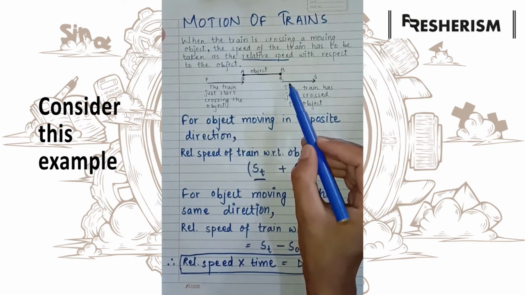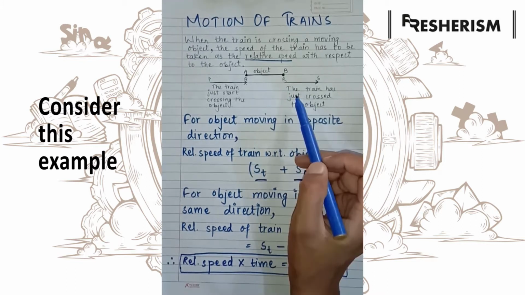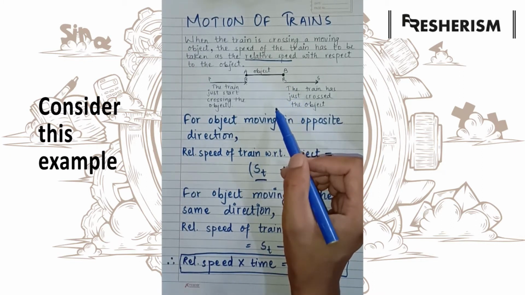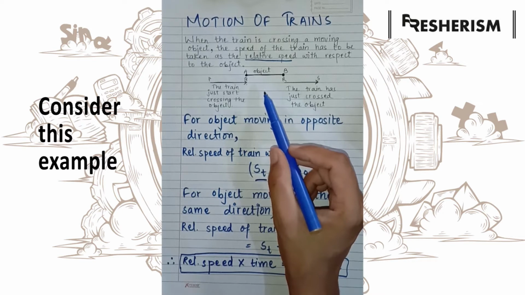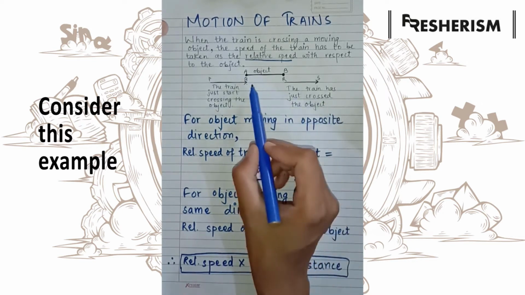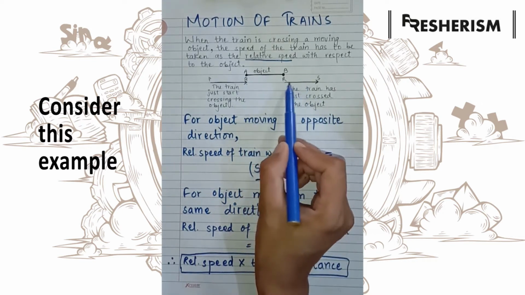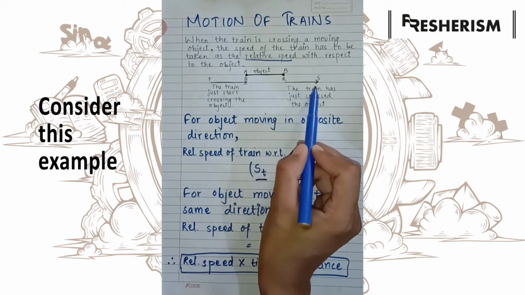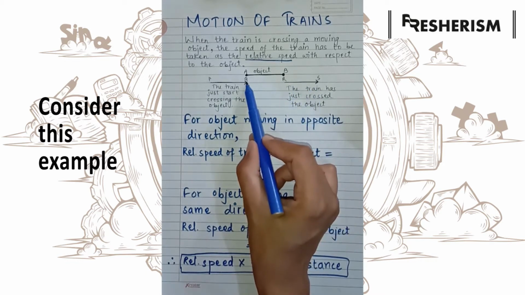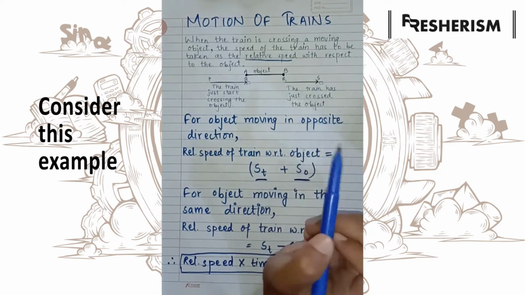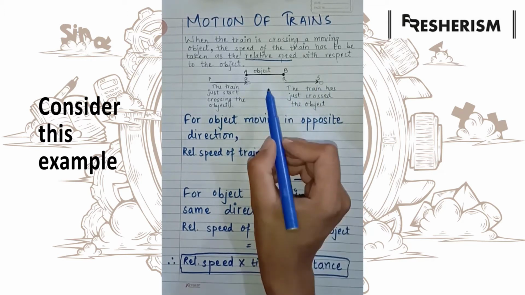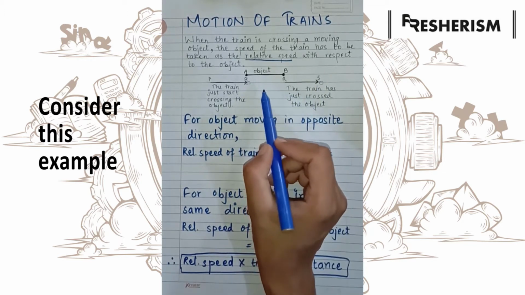And when the train has just crossed the object, what is the distance traveled while crossing the object? It is the distance from Q to S. This is the total distance traveled because the engine is in the front, so this much distance is traveled from Q to S.